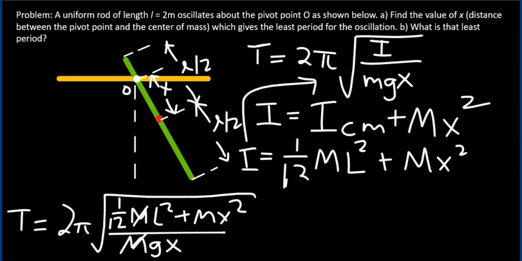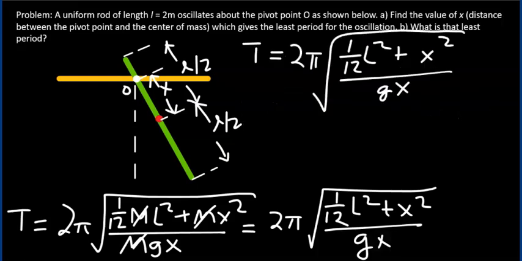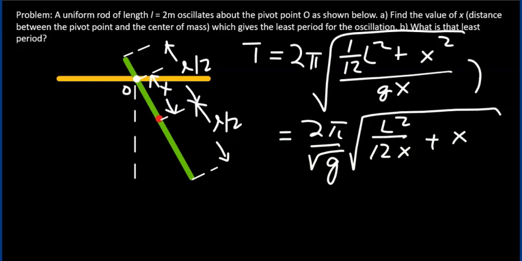And you see the mass cancels out, giving you an expression for the period of oscillation in the following form: T = 2π square root of (1/12 L² + x²) over gx. So let's write the expression on top, and we can rewrite it in the following manner, taking the constant term out of that square root sign. Now we are ready to solve the problem.